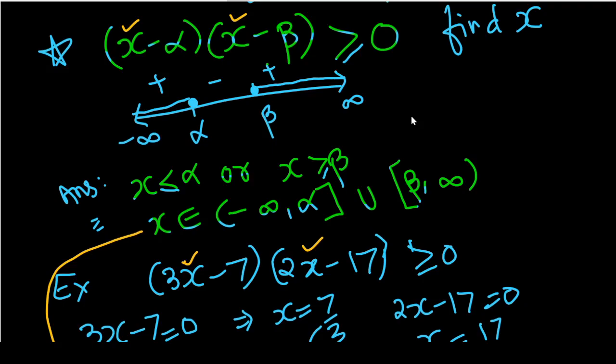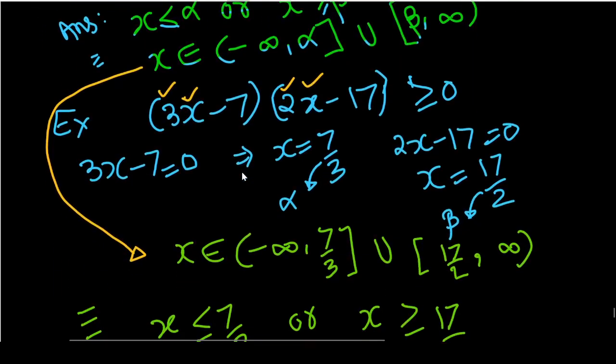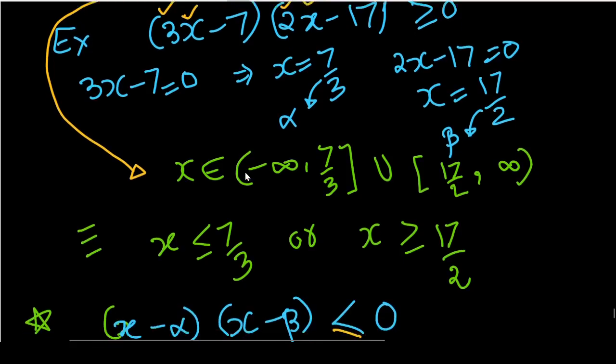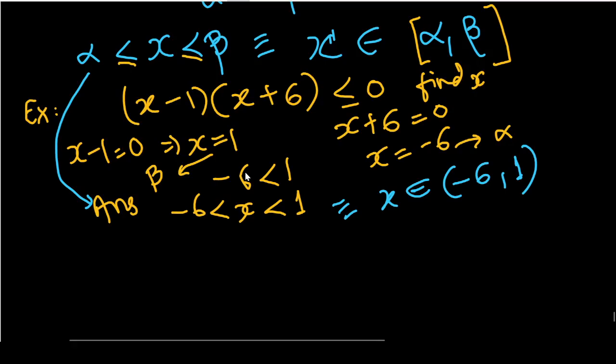Even if it is not 1 and it is something else, doesn't matter. So that's why here the coefficient was 3, here it was 2, still we can use this formula. Okay, minus infinity to 7 by 3 union 17 by 2 to infinity. Okay, but if the coefficient of x is negative, that case we will see, guys. Okay, so we will see more examples.